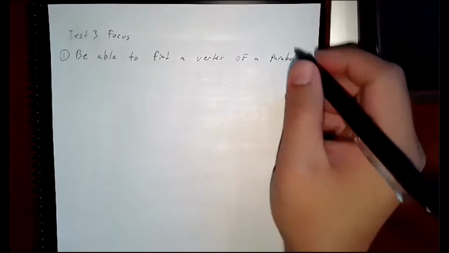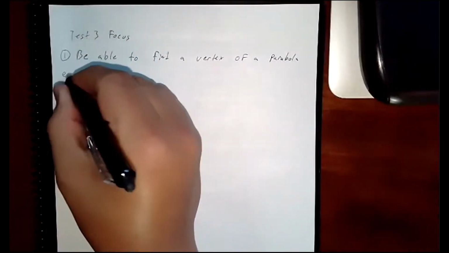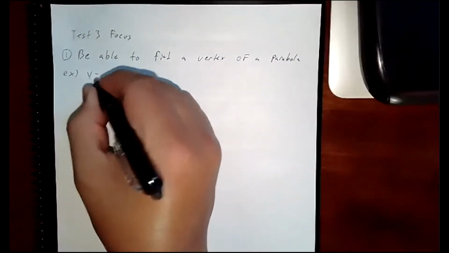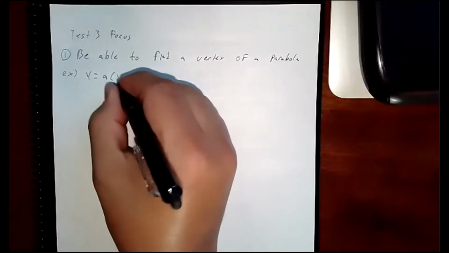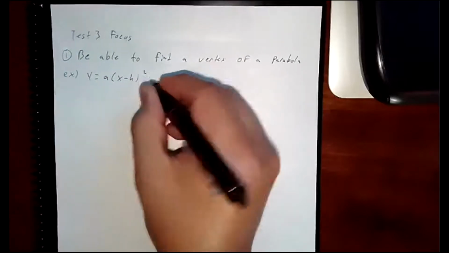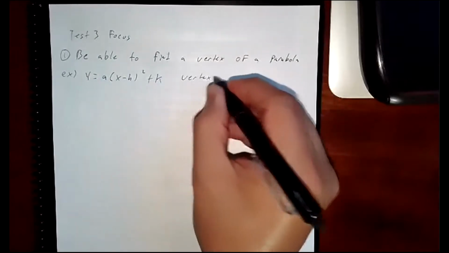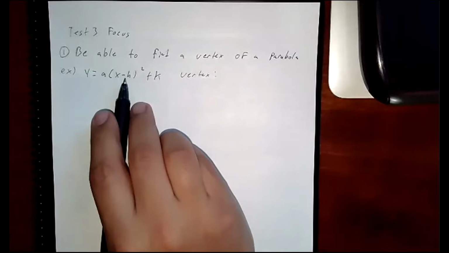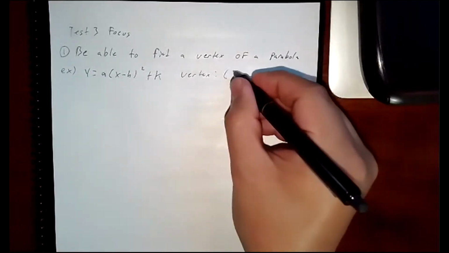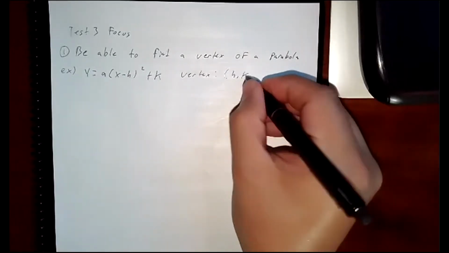For example, if it's in this kind of form, the vertex would be the opposite of that number h, right? Comma, whatever that k is.